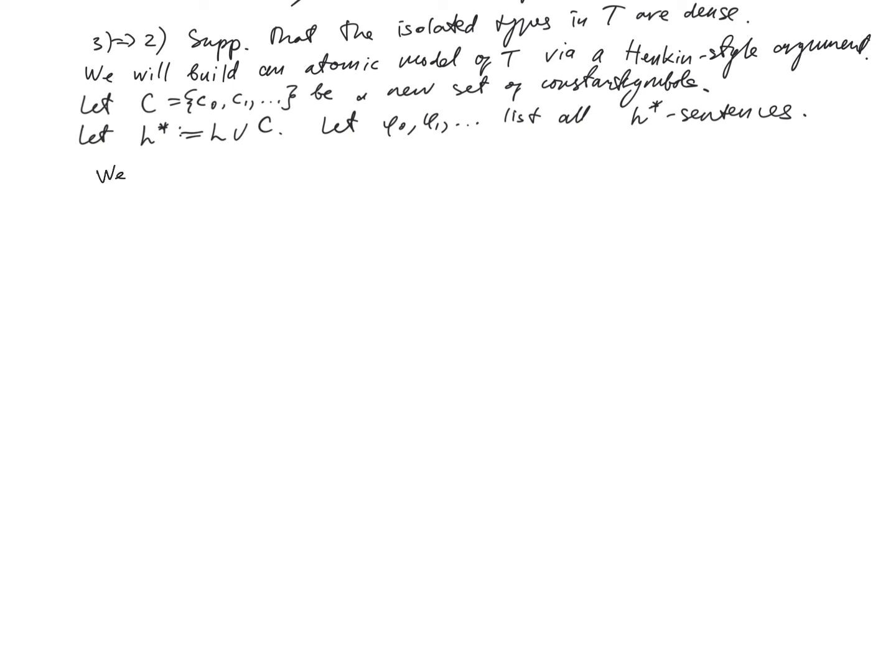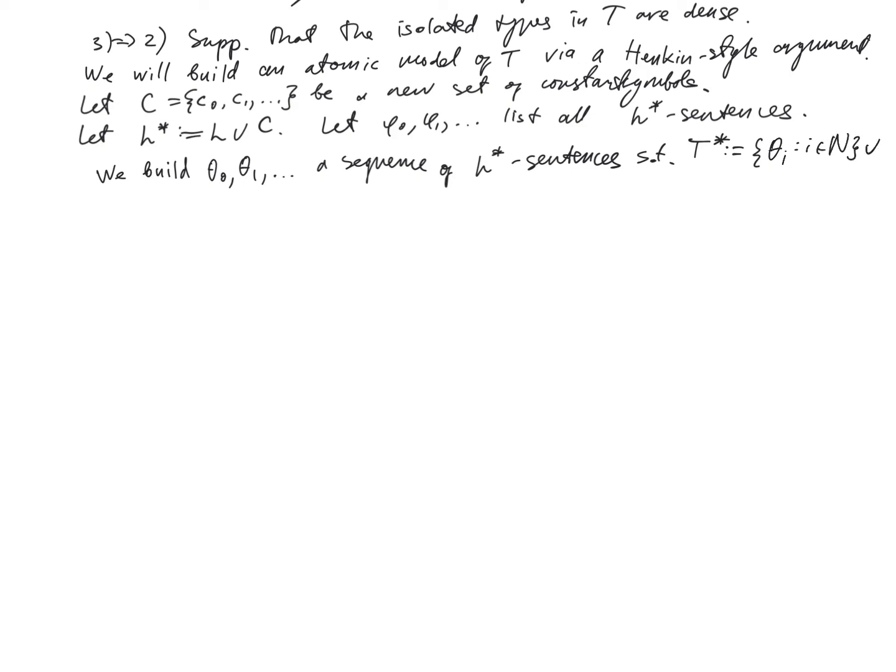Now we will build theta_0, theta_1, etc., a sequence of L star sentences such that if we take T star to be the theory consisting of all these sentences theta_i, i in N, together with T, then this is going to be a complete consistent theory with Henkin witnesses in C.